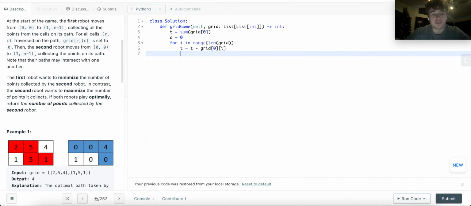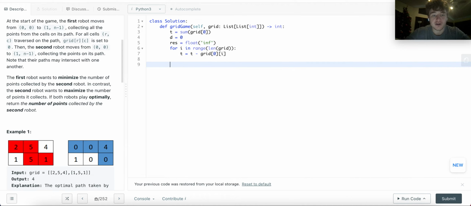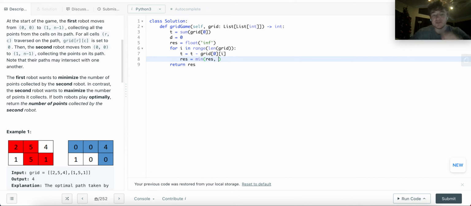And I look at what this person would do. So I need to figure out what my result is going to be. I'll start as float infinity, and I'll return it at the end. And I'll say, okay, maybe a previous down point gave me the minimum, so I'm going to keep track of my previous down point. This robot 2 could do two things. Robot 2 could take the down path, or they could take the right path.